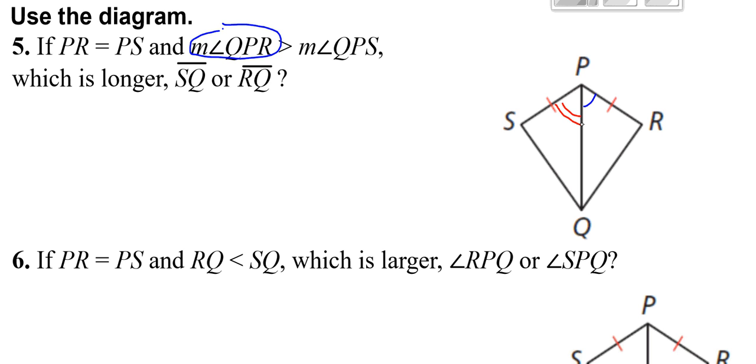So if I'm looking at this, I know that larger angles are opposite larger sides. So this angle right here, QPR, is larger, so SQ is going to be larger than RQ.